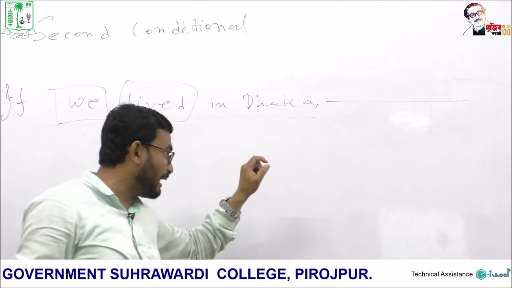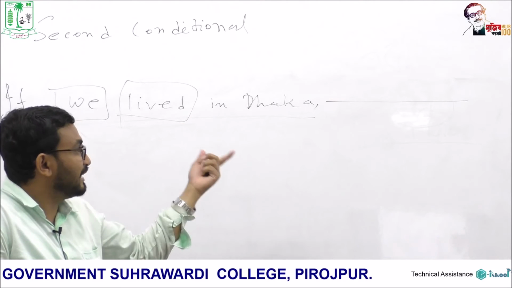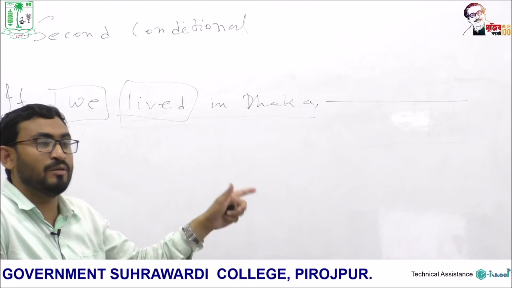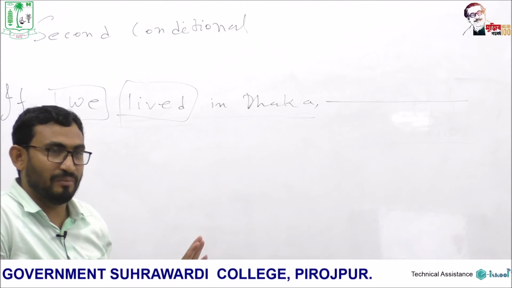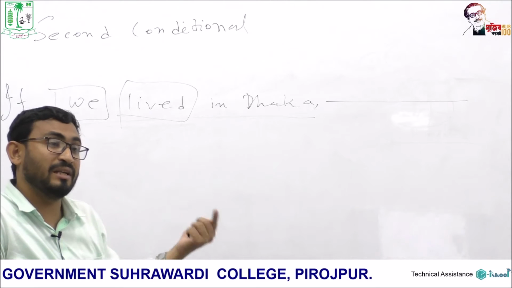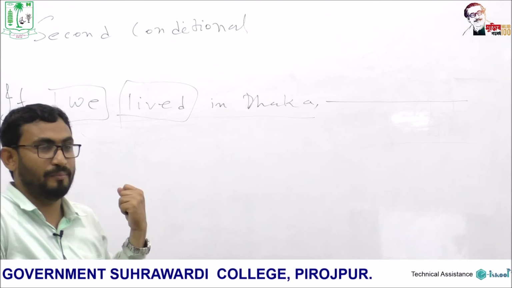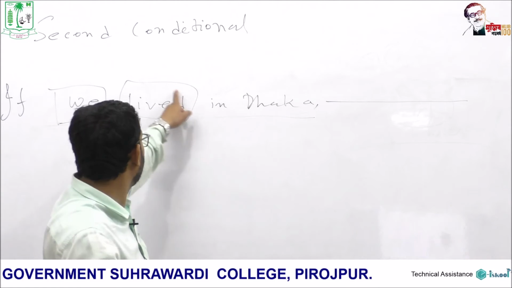So if 50 students complete the sentence in 50 ways that have 50 kinds of meanings, there is no problem. But you just bear in mind that you have to maintain the grammatical rule. So how can you complete this sentence?